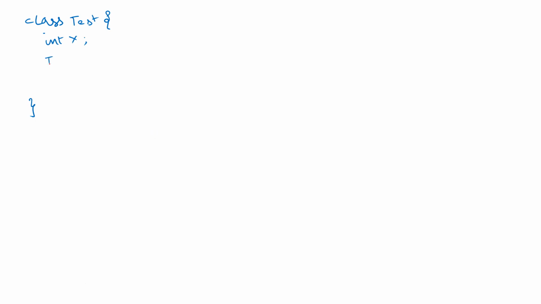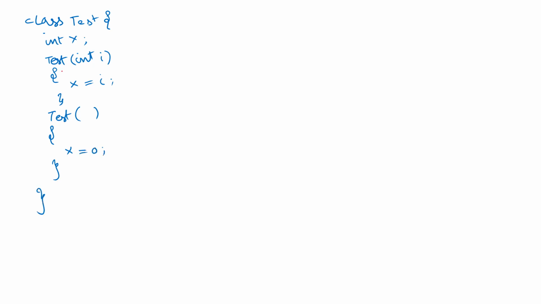And now I am declaring a constructor here. Test(int i), and I am assigning x is equal to i. And I am creating a default constructor here, Test(), and if this default constructor is called, then I am assigning a value of 0 to x.